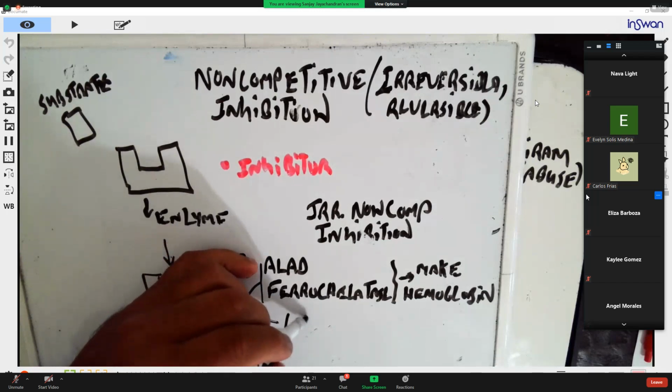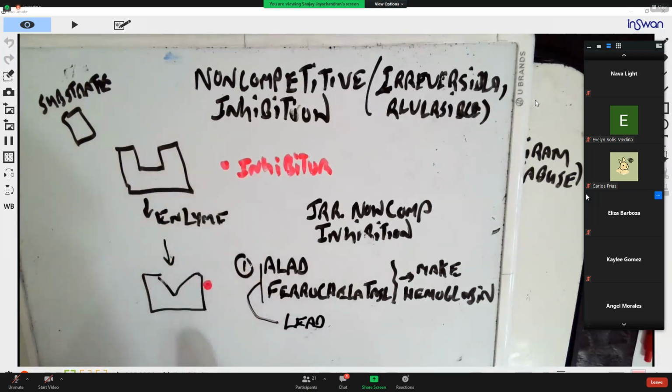Now, there's an important blocker of both enzymes, and that is called lead. So lead, basically, it can affect you mentally, but can affect your blood by blocking the production of hemoglobin, by blocking these enzymes. Where can you get lead poisoning?